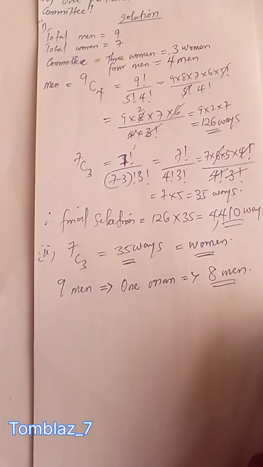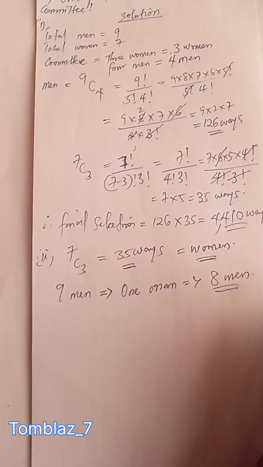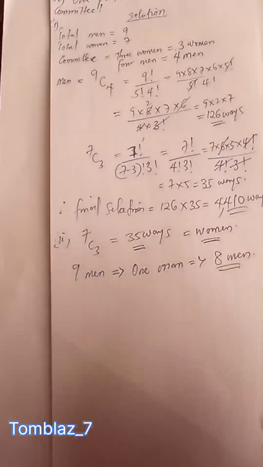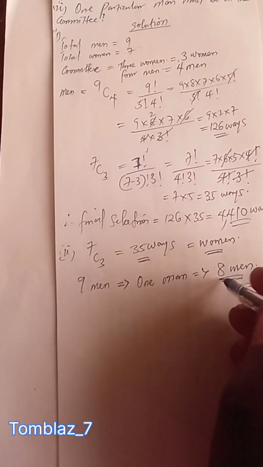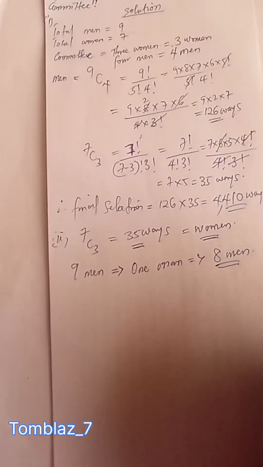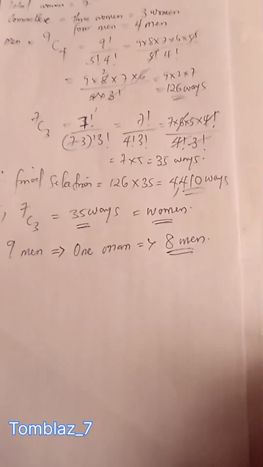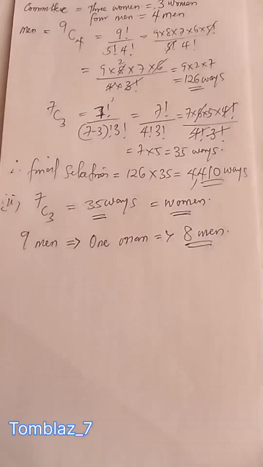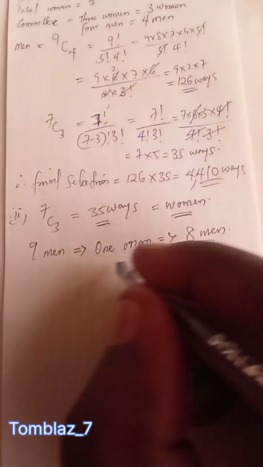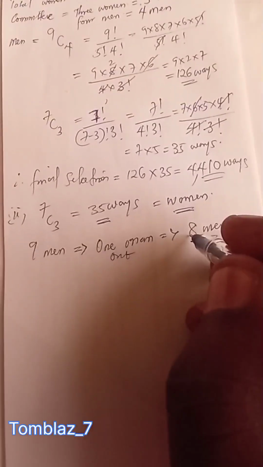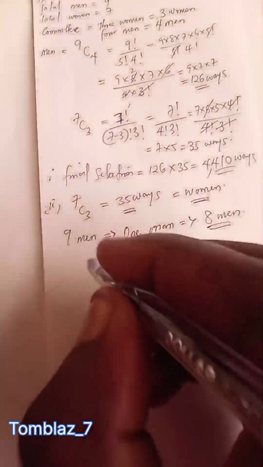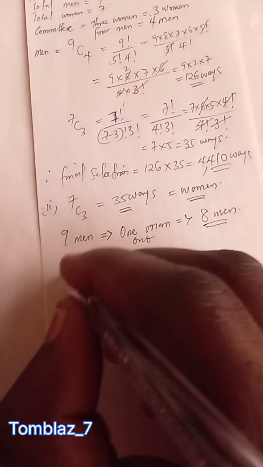Okay, so we'll be picking 3 men now out of the 8 men that are left, because one is already put in the committee. One is already removed. So one man is out. We are left with what? 8 men.